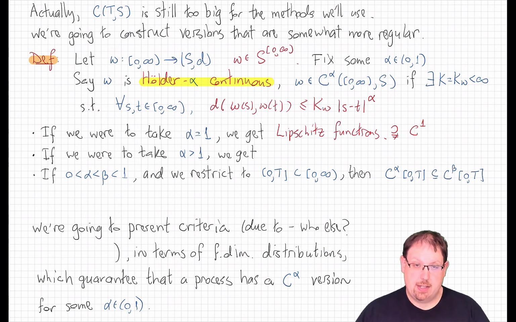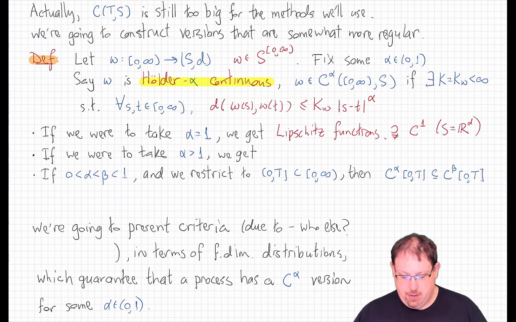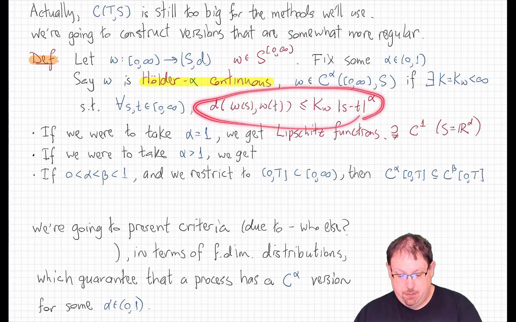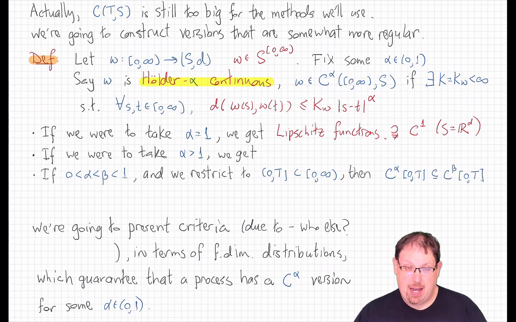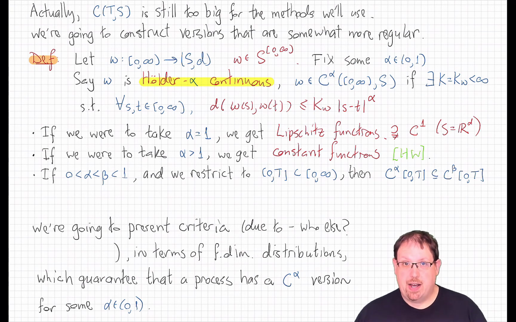C1 is continuously differentiable functions, at least in the case where S is R or R^d, where that notion makes sense. So that's one reason why we reserve alpha less than 1. Of course, we could also ask, why not allow alpha to be bigger than 1? Well, as you're going to show on your homework, if this condition holds for any alpha bigger than 1, then the path omega is actually just constant. So we really can't be Hölder 1.5 continuous.